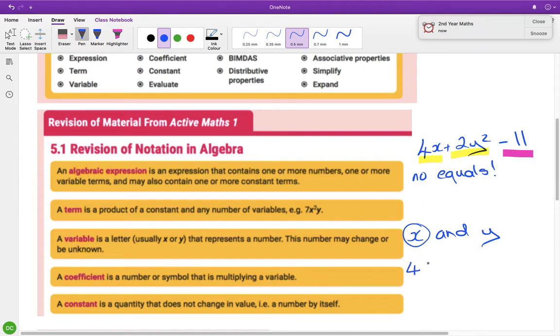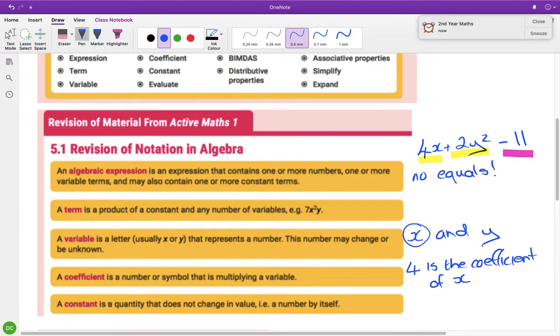So we would say that 4 is the coefficient of x. And then we also have a y, it happens to be squared, and we would say that the coefficient of that y squared is 2. So the coefficient is the number in front of the letter, the number that's been multiplied by the letter.